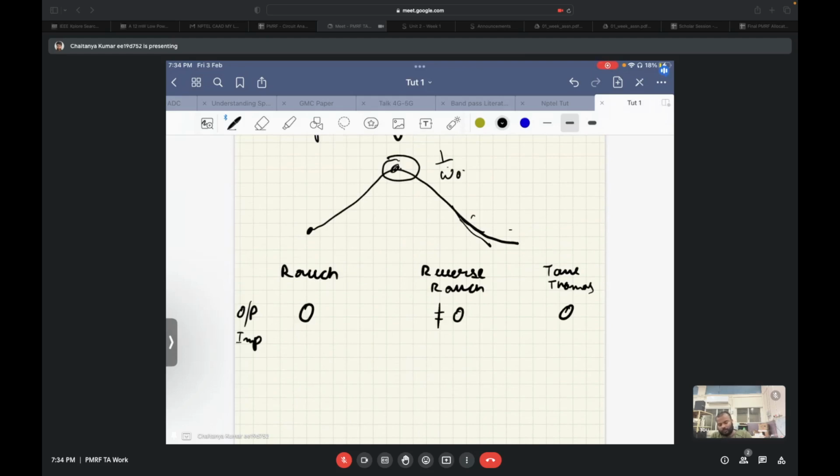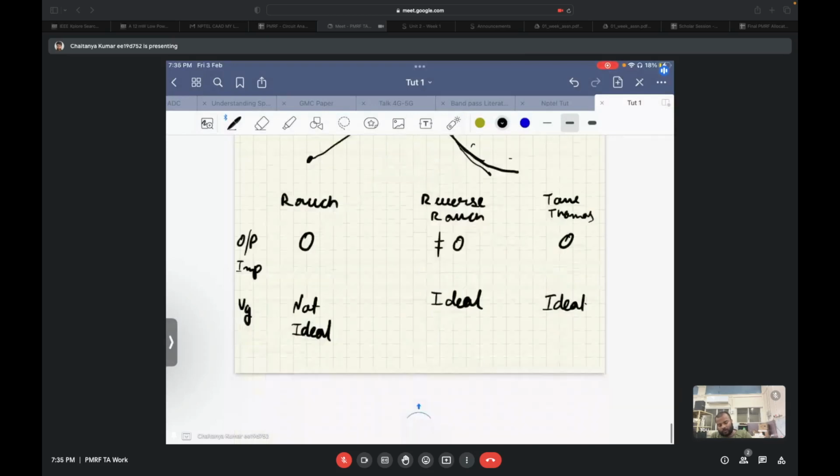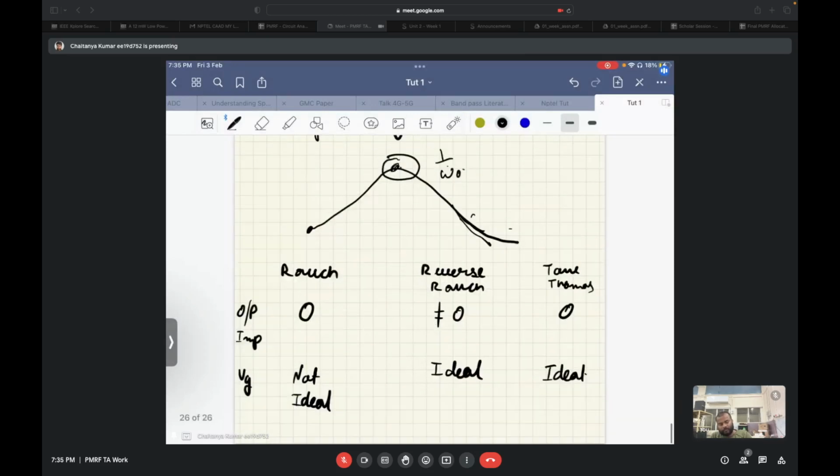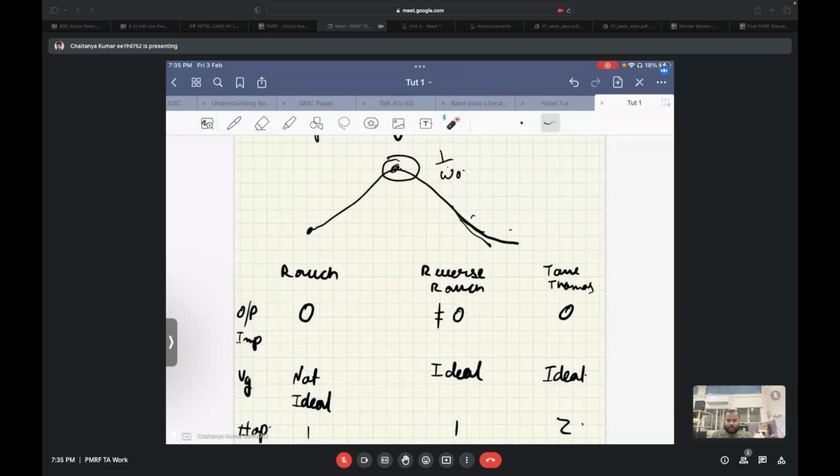Here it's not equal to zero, and here again it is zero. The virtual ground is not ideal here, here it is ideal, and here again it is not ideal. Sorry, here it is ideal. But the number of op-amps: here it is 1, here it is 1, here it is 2.